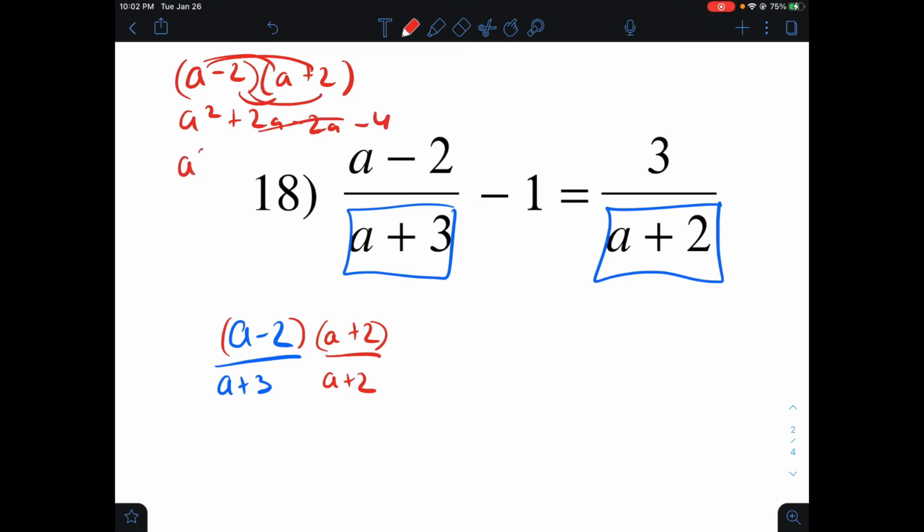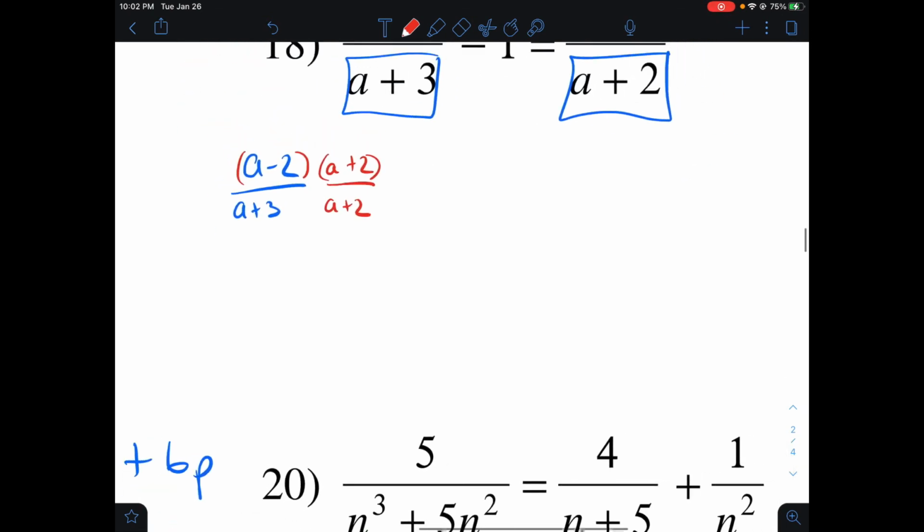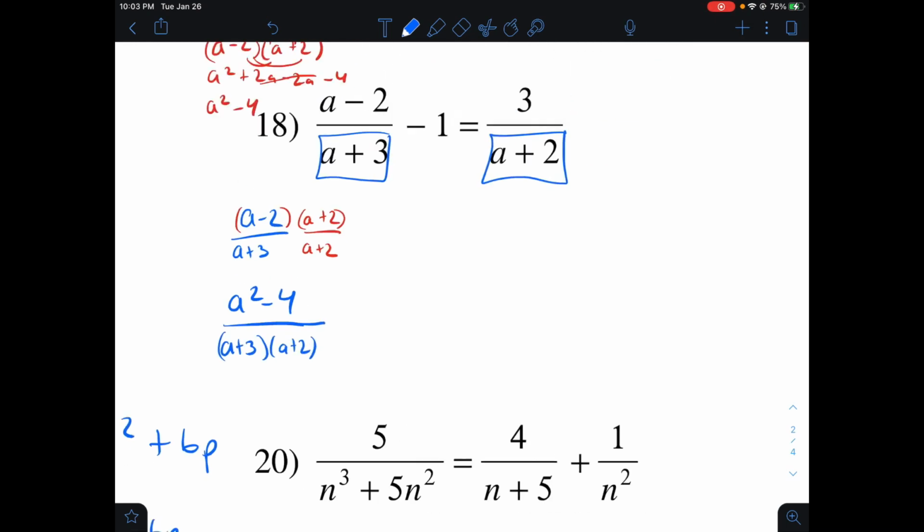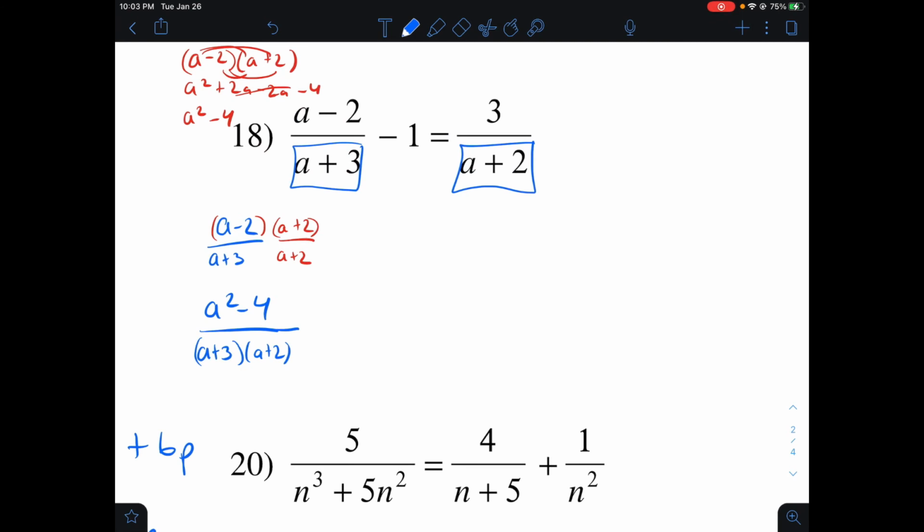These cancel, and you end up with a squared minus 4. So after we multiply, on top we get a squared minus 4, and on the bottom we've got a plus 3 times a plus 2.